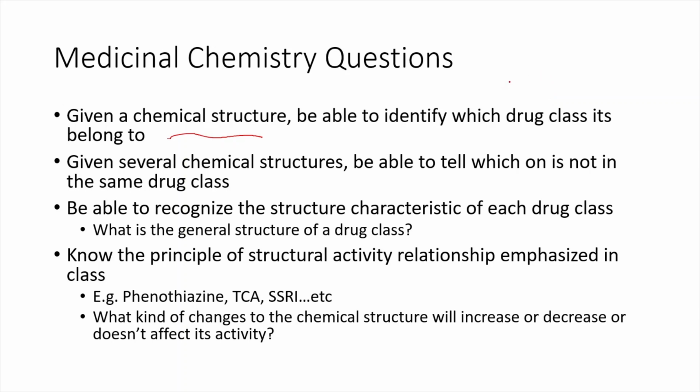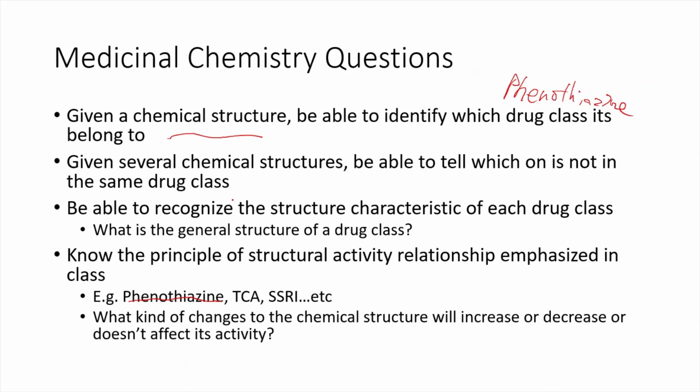For example, can you recognize the phenothiazines? What are they, what do they look like? TCA: if I give you a couple of compounds, can you recognize a TCA from a group of compounds? Know the general structures. Same for benzos. We went over structures for benzos, and can you recognize them?